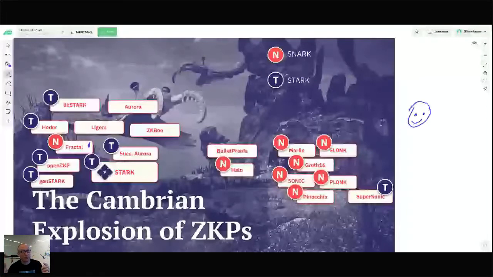Now, it's true that one of the applications that holography is used for in the Fractal paper is to use it recursively for constructing an incrementally verifiable computation, or a proof-carrying data system. And there, in certain settings, if you set it up correctly, you could also get a Stark out of it.